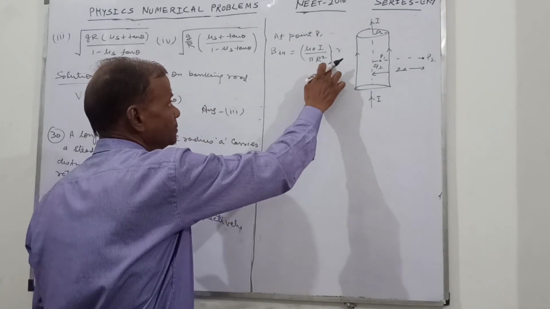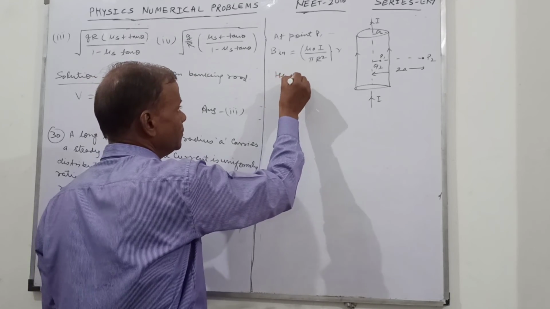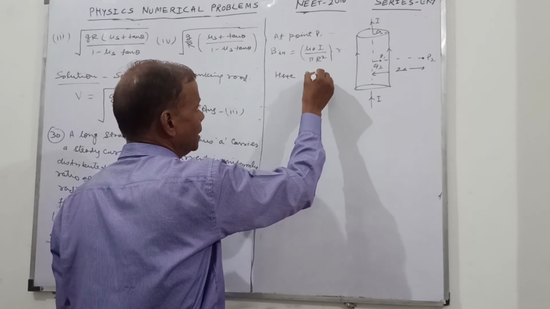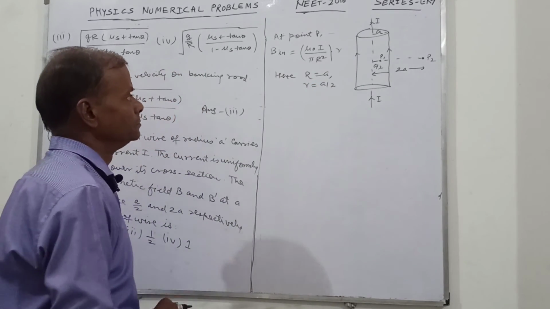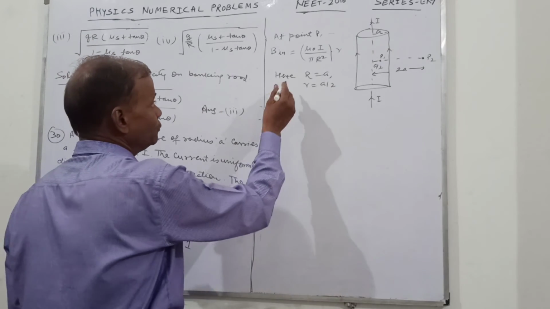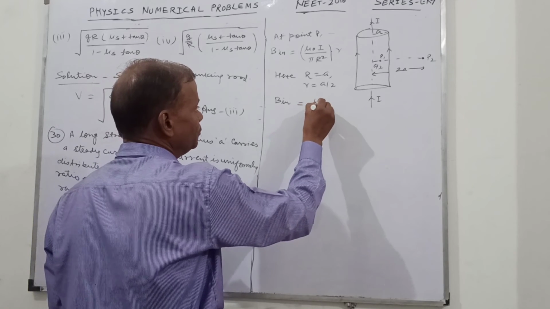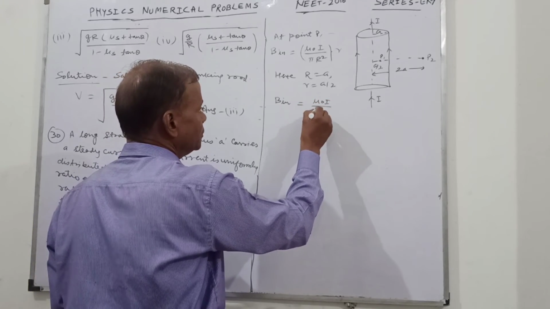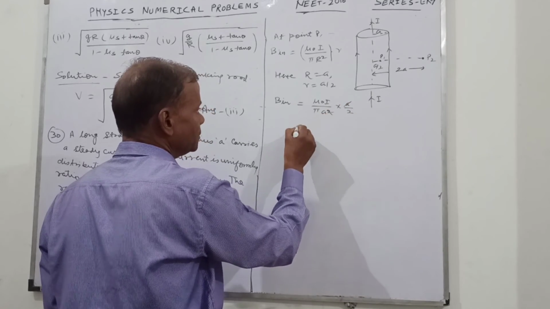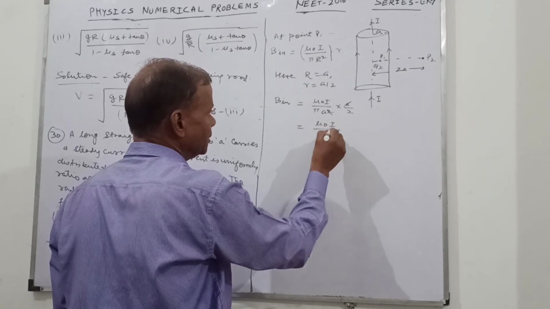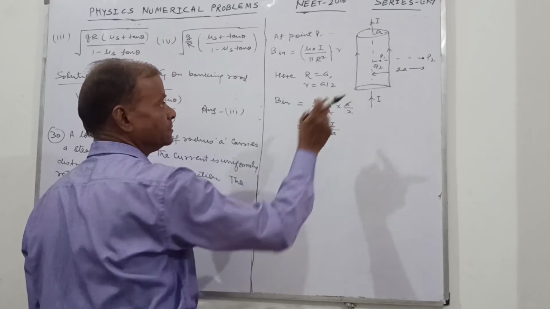This is the formula. Here we have to use r equal to a, and this r equal to a by 2. So we have B in equal to mu naught I upon pi a square into a by 2. A and a will cancel, so mu naught I upon 2 pi a. This is inside the cylinder.